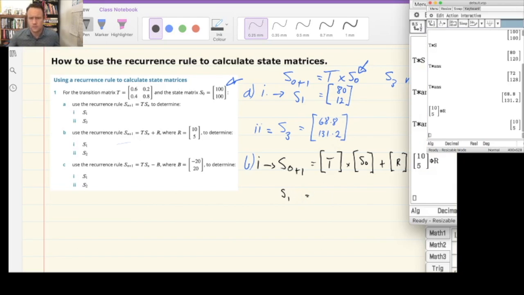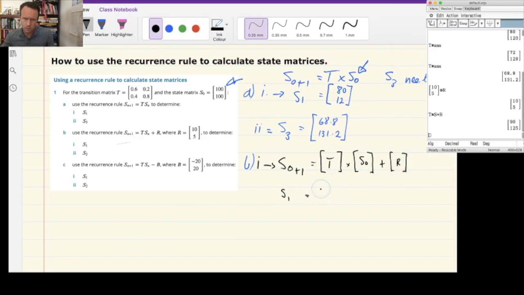Okay, so we have T times S plus R, and we get that. So S1 is equal to 90 and 125.